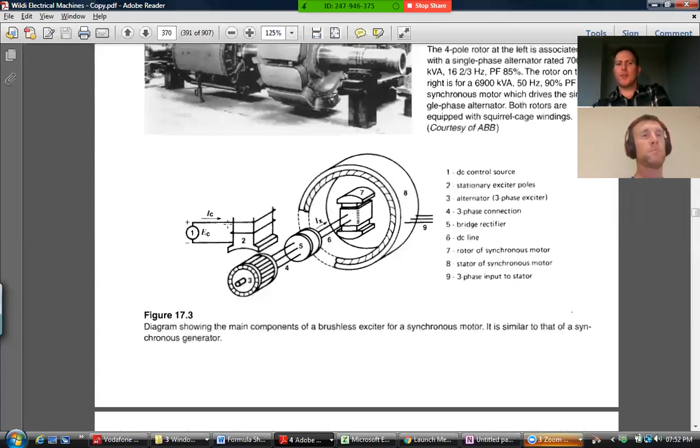So remember, this is like the pilot exciter over here. That's a small control current which is changing the flux here, which changes the amount of current induced in this little mini generator, which then changes the amount of exciting current that's fed into the rotor. And that exciting current will determine how much voltage gets induced between the terminals of the three-phase machine.